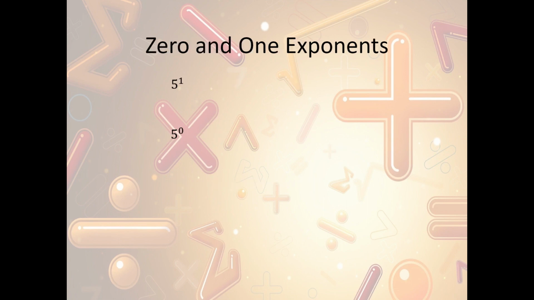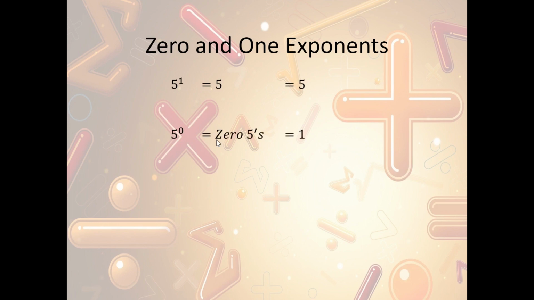Now what about 0 and 1 exponents? So 5 to the first power. Well, 5 to the first power is just 1 5, right, times itself, so 5, that's it. Now 5 to the 0 power. So there's 0 5s, and that's equal to 1.